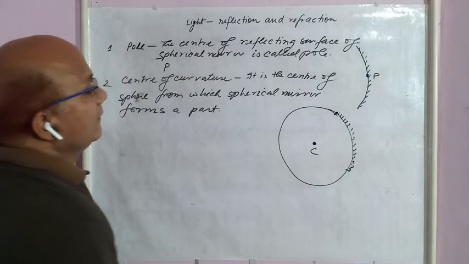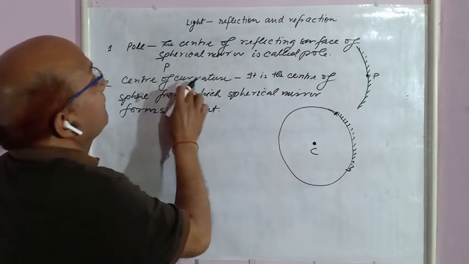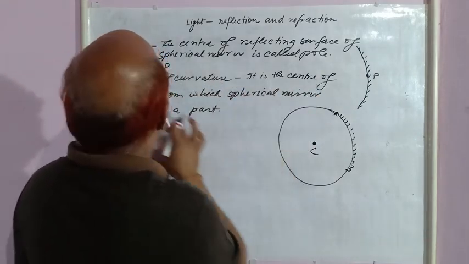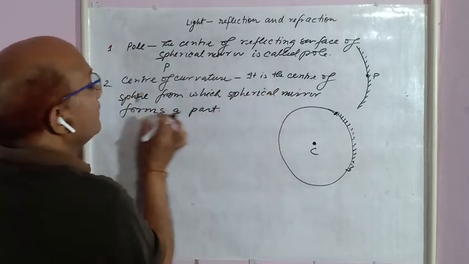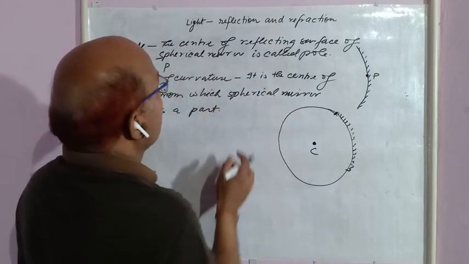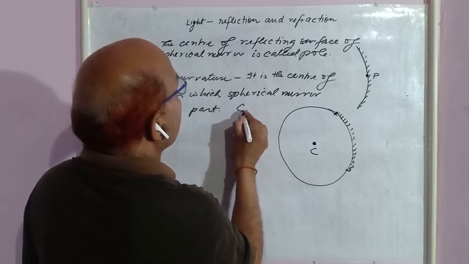Okay. So center of curvature means it is the center of the sphere from which the spherical mirror forms a part. It is denoted by the letter C.